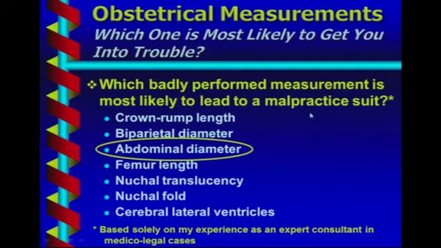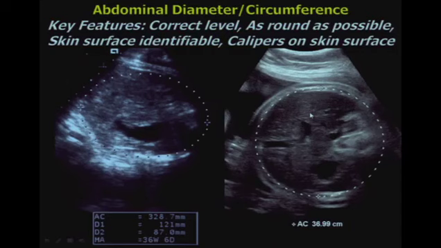I've seen a number of medical malpractice cases where the error that led to a bad outcome was a mismeasured abdominal diameter, leading to underestimation of the fetal weight, leading to an attempt at vaginal delivery when a cesarean section should have been done.